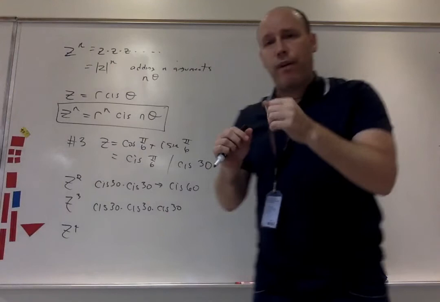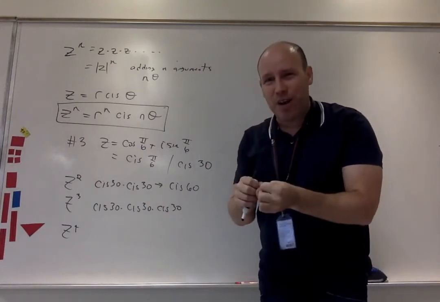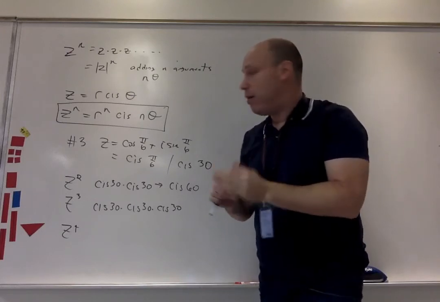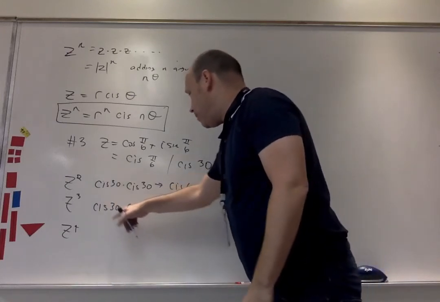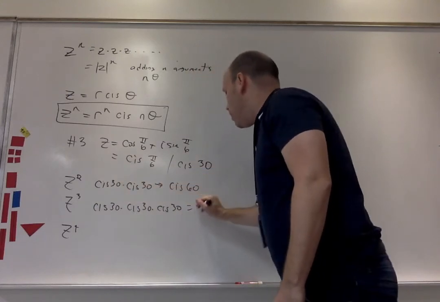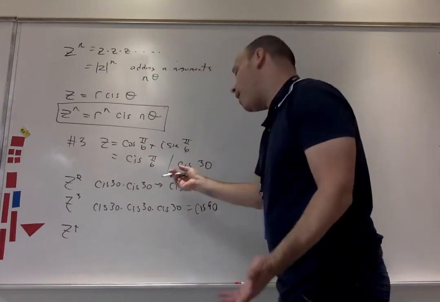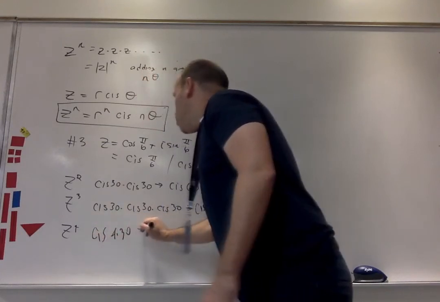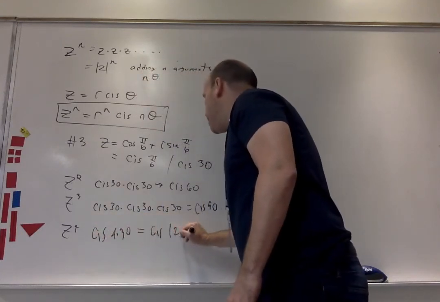They're getting at this idea that when you multiply by a complex number, you're rotating it by that argument. So we start at cis 30 and rotate it twice: z to the 3rd is cis 90. And obviously, you can say, hey, Mr. Adler, it's 4 times 30, so it's cis 120.